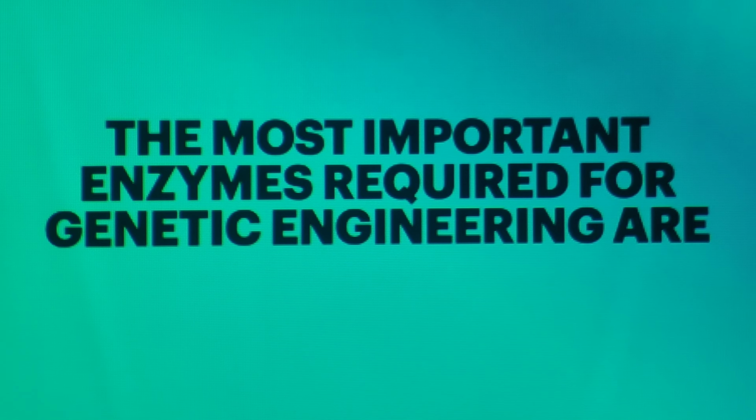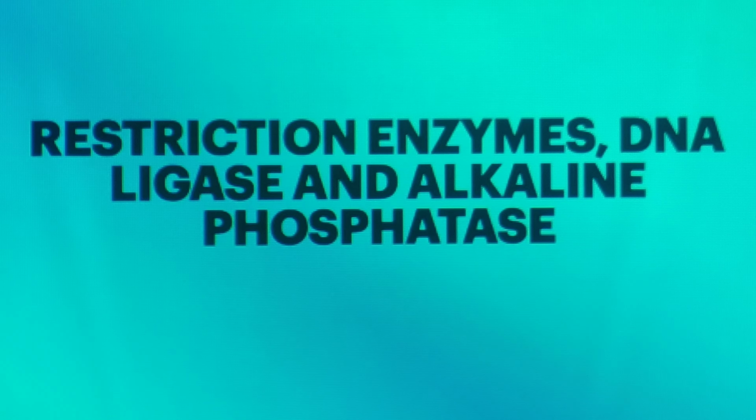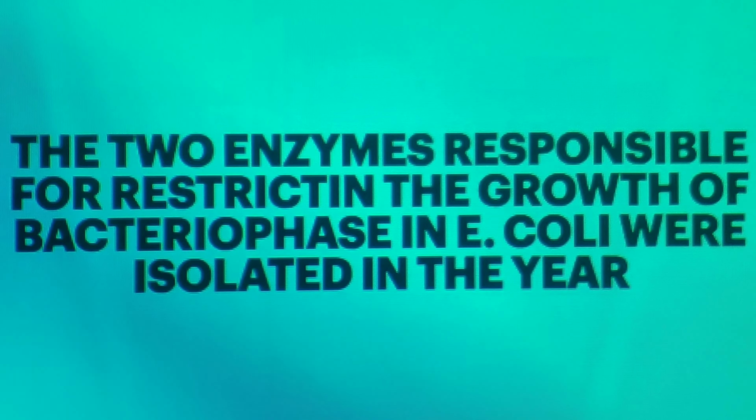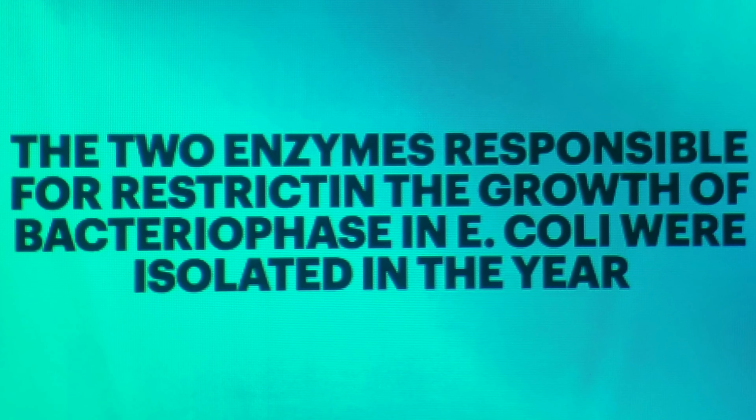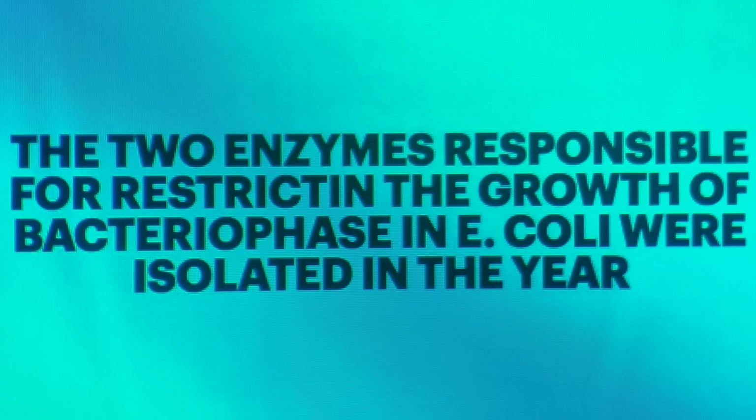The most important enzymes required for genetic engineering are restriction enzymes, DNA ligase, and alkaline phosphatase. The two enzymes responsible for restricting the growth of bacteriophage in E. coli were isolated in the year 1963.